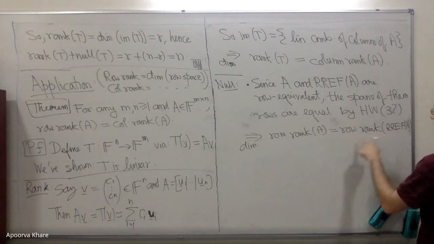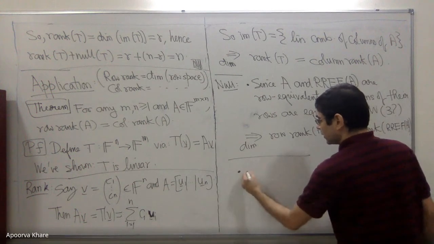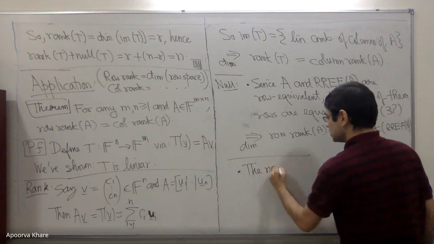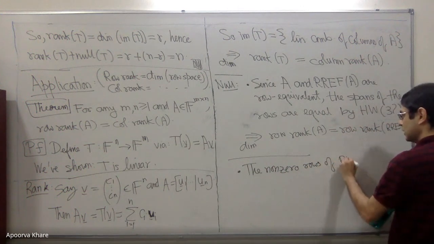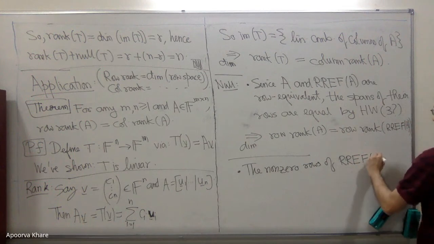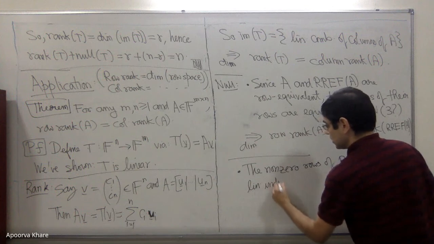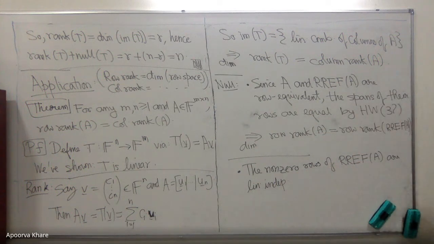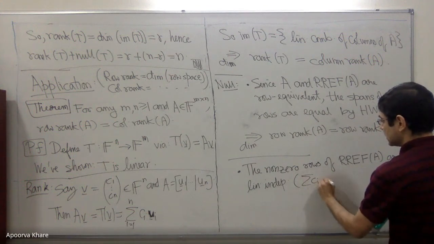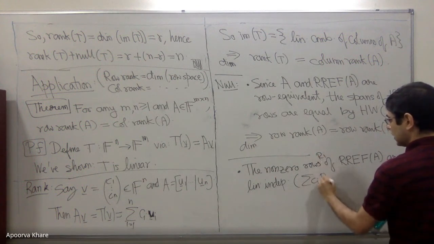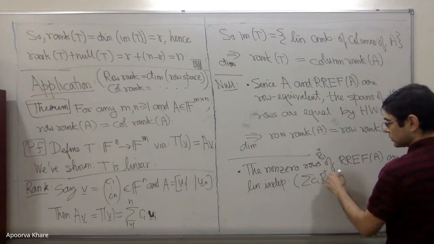Row rank of this thing. Okay, and the point is, so let me say that in a separate point. The non-zero rows of RREF of A are linearly independent. Because just look at the, so, C_i, let's call this R_i. Sum of C_i R_i transpose equals 0, because column transpose is row.